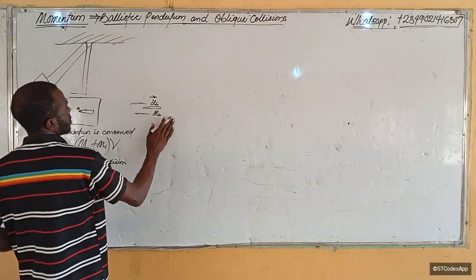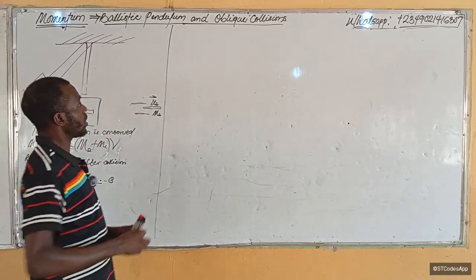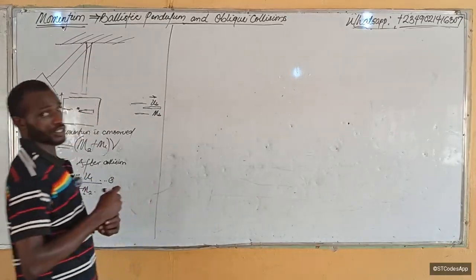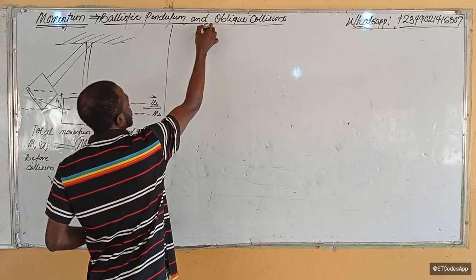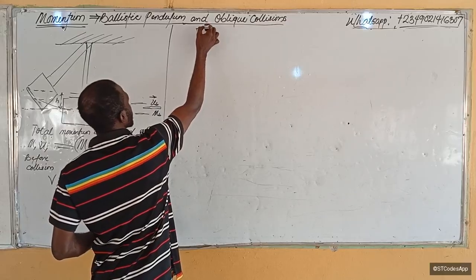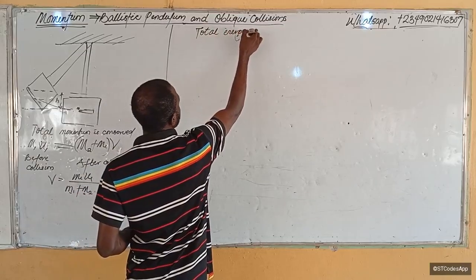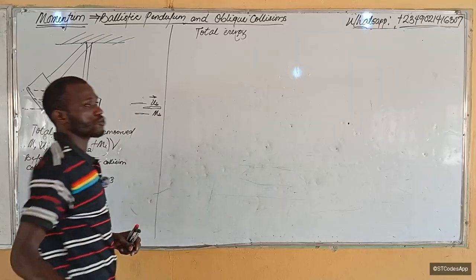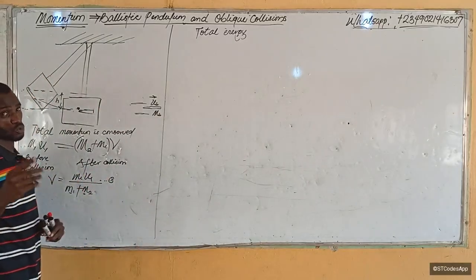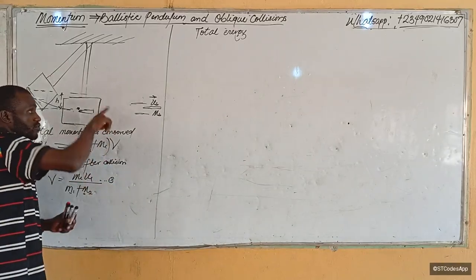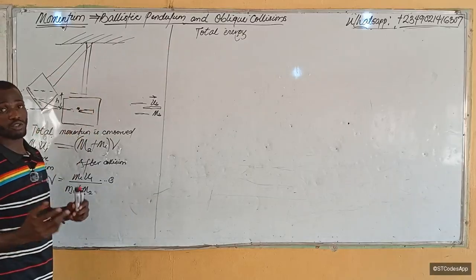Now what about the kinetic energy? The only energy we'll be analyzing here is this. You know that energy will be lost between the start, with the energy of the bullet, and the time it hits this block.